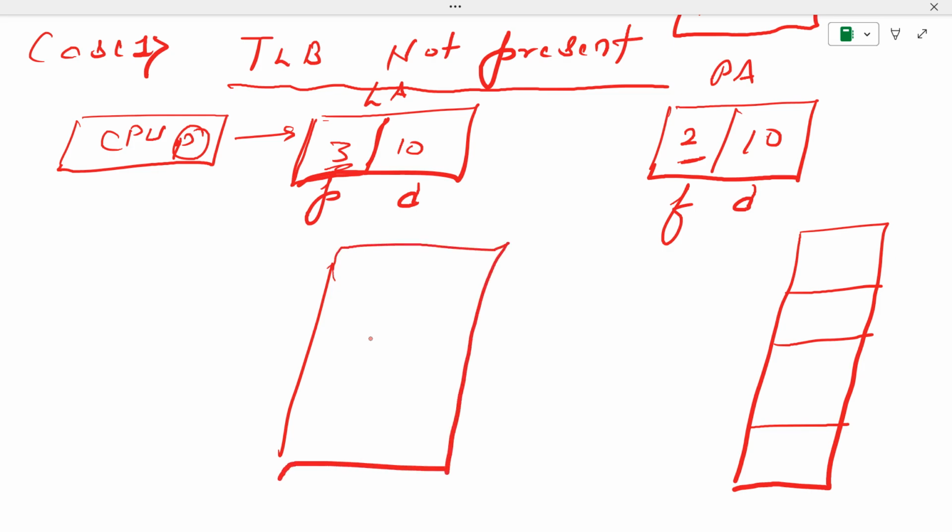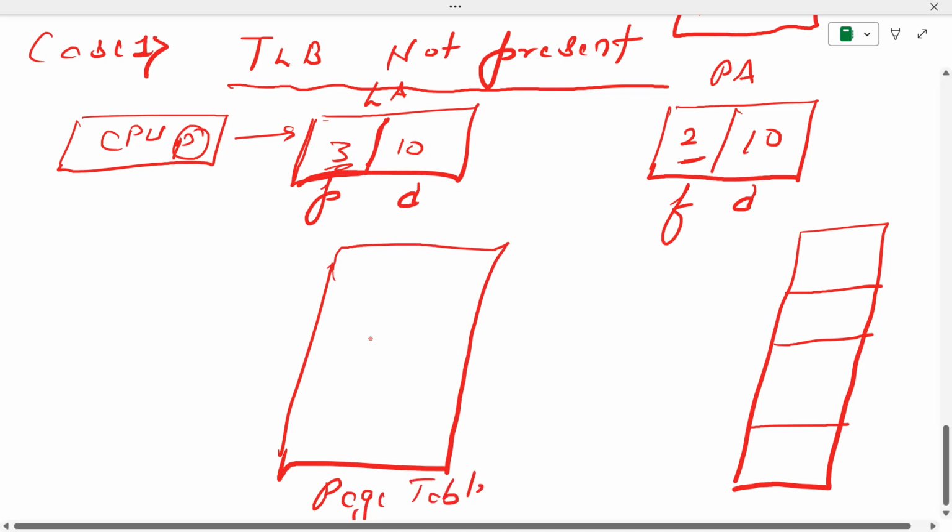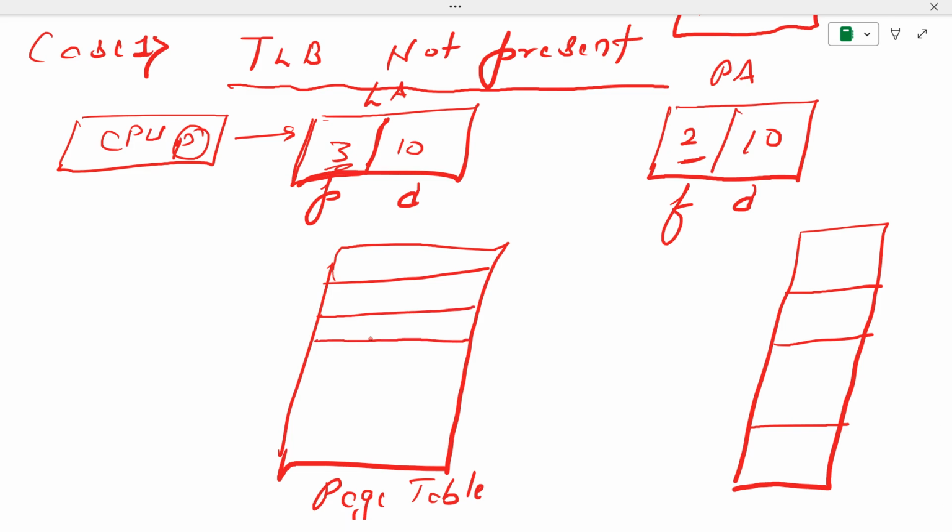This is the translation table, also known as the page table. In this page table, for every page we have the corresponding frame number. If there are 2 raised to the power 3, that is 8 pages, then for those 8 pages we have the corresponding frame number in which the page is present. So let's say that these are the frame numbers.